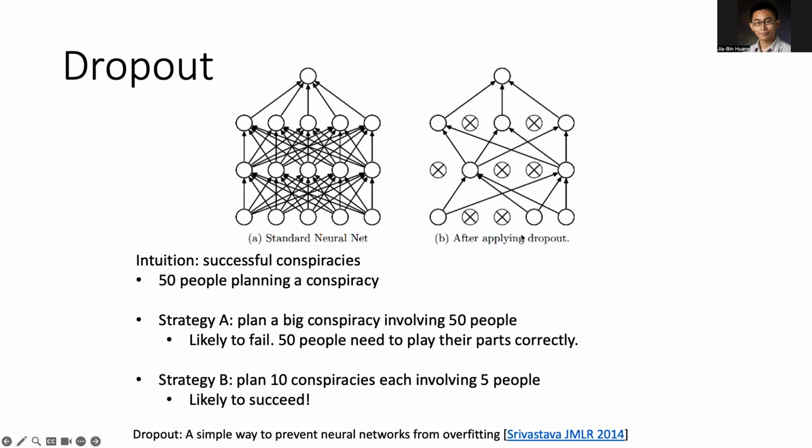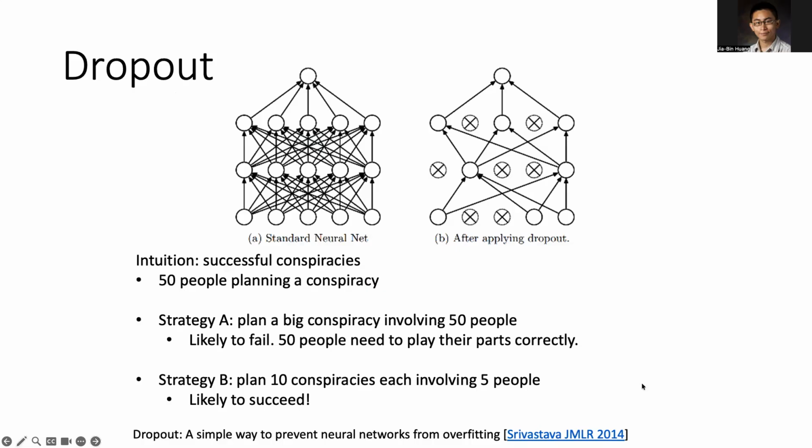So basically you are training the model to make sure that even if I mask out maybe 50% of the neurons, I will still be able to correctly predict the results.